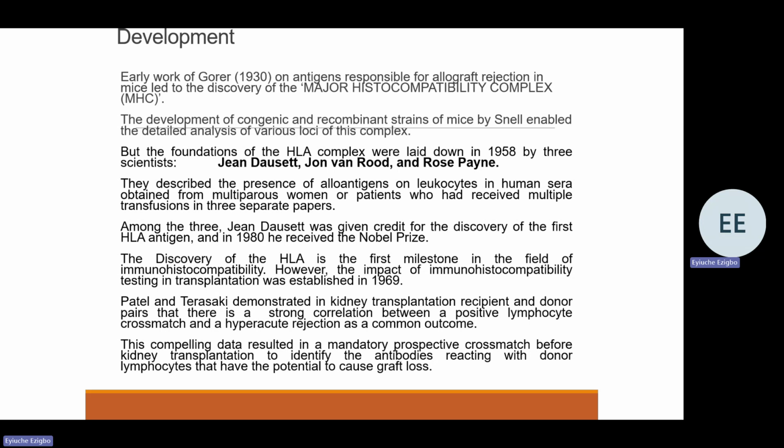So these people were able to show us that alloantigens are present on the leukocytes of some persons, especially women that have given birth, or patients that have received blood transfusions. So they noticed alloantigens, antigens of white blood cells coming from other persons, in their human sera.